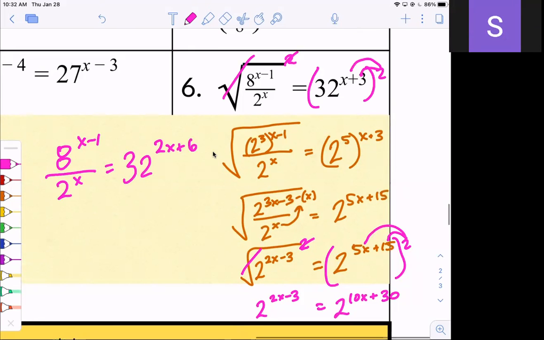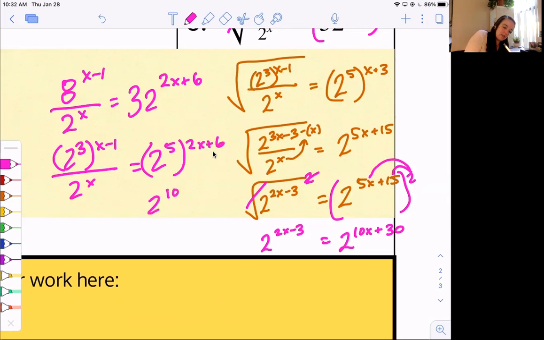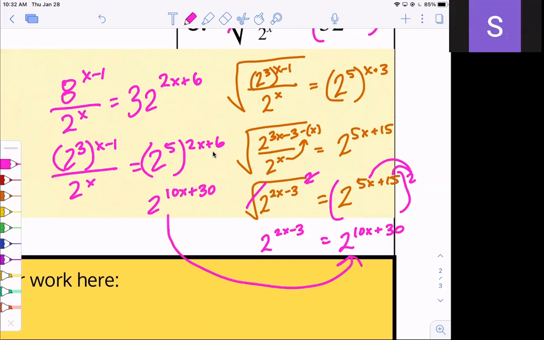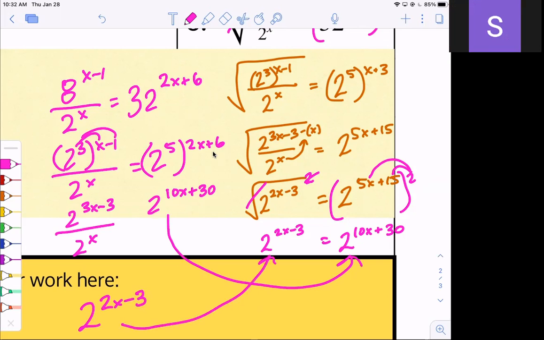And then we still would have had 2 to the 3rd to the x minus 1 over 2 to the x, 2 to the 5th with 2x plus 6, 2 to the 10x plus 30. Well, that's good. I'm still recognizing that, right? Yeah. And then this one would have been 3x minus 3 over 2x. And then you're going to subtract the x. So then you'd have 2 to the 2x minus 3. Same. I don't know why I did that yesterday.